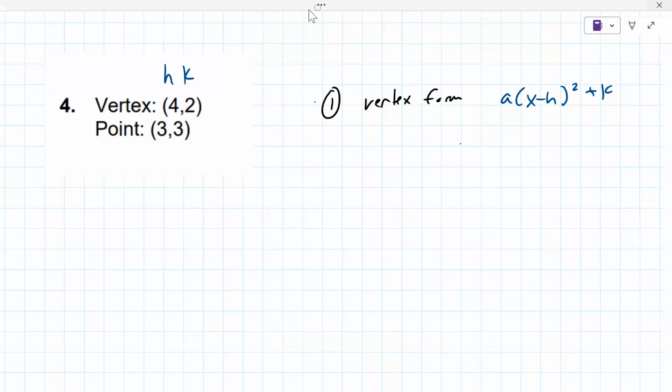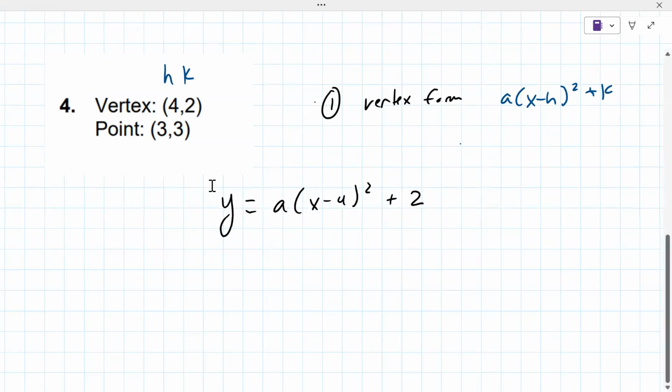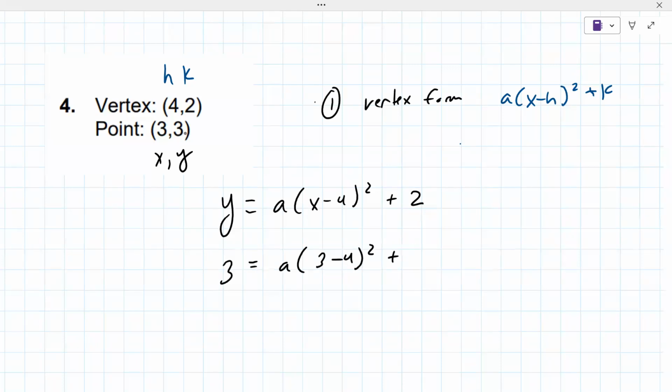Okay, so the way this looks here, and I'll work out this one for you, is a(x minus 4) squared plus 2. And then to find a, you use this x and y. So 3 equals a times (3 minus 4) squared plus 2. Could you solve that for a for us, please?